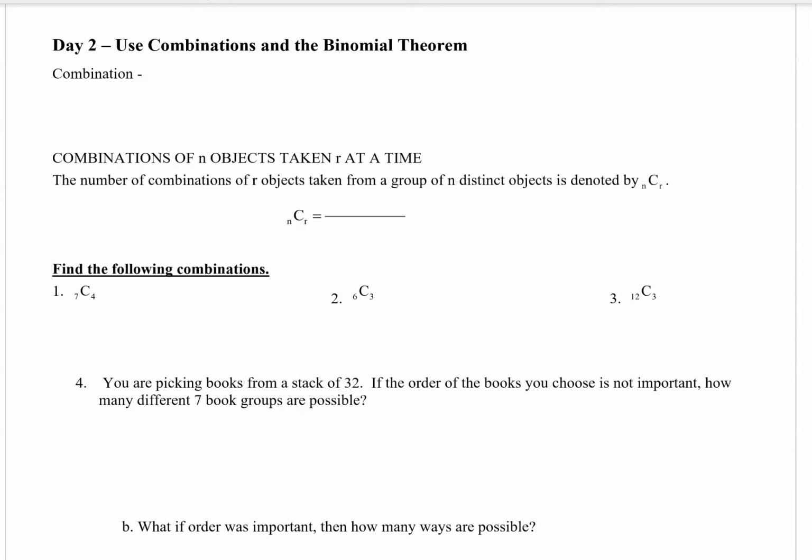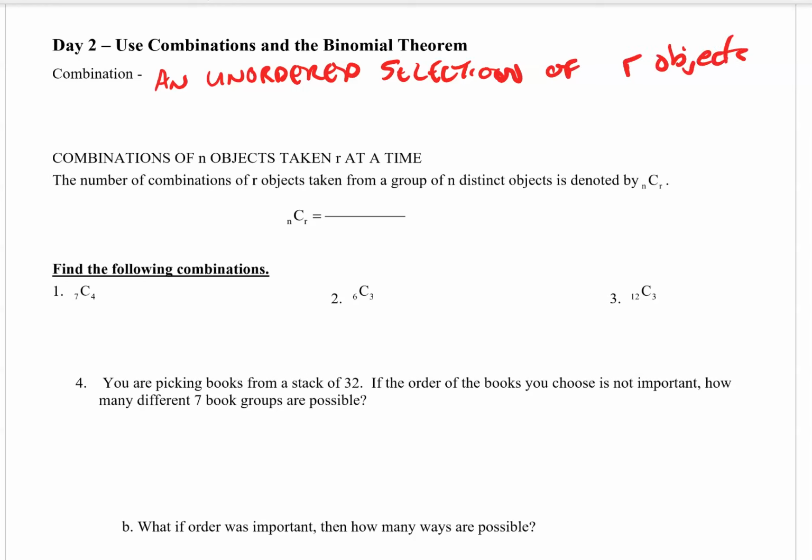So first, combinations. What is a combination? A combination is an unordered selection of R objects from a group or a set of N objects.